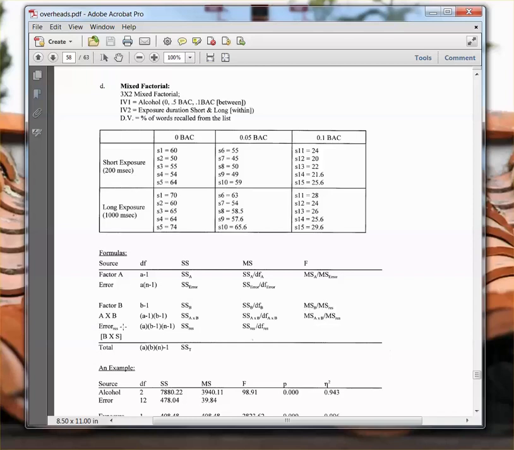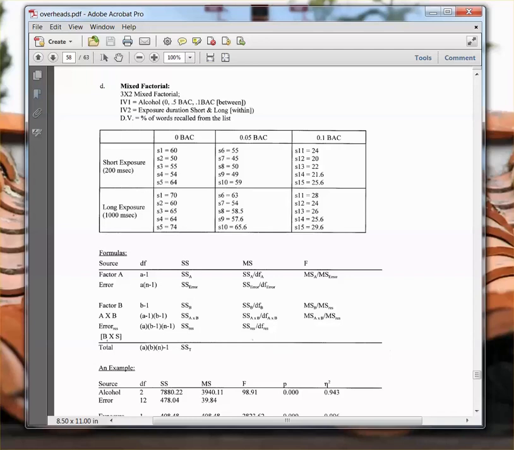We have an error term here, right? That's all the same. And we have total, that's also the same. But the thing that's a little bit different is we have another error term, right? That's unusual, and we have this A by B thing, okay? That's the same. That's our interaction term that we also had before.